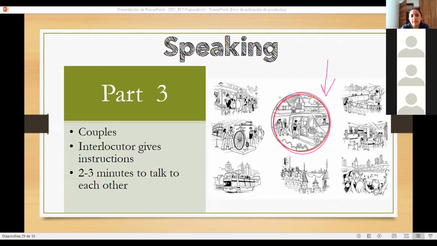In this case, let's imagine that they are going to Quito and they have to choose 2 activities to do in their trip. Okay, so talk to your classmate and discuss the possible options or activities you can do in Quito. Okay, so once you have been told what you have to do, or the situation, you need to start a conversation with your classmate.